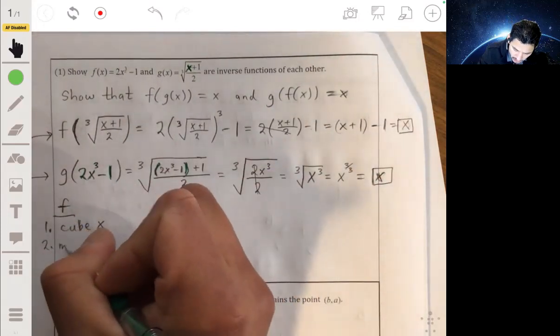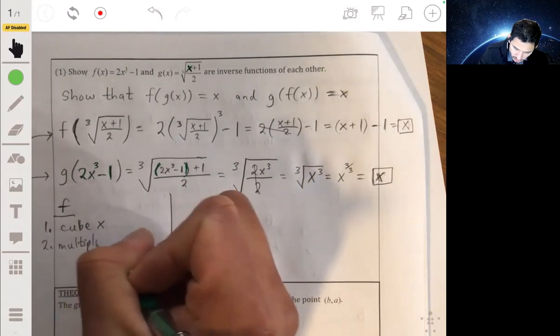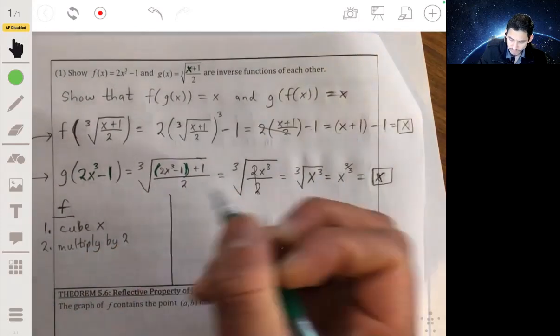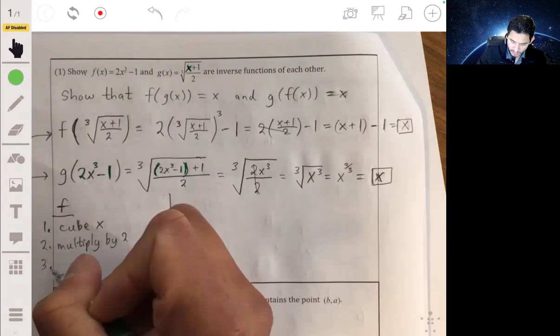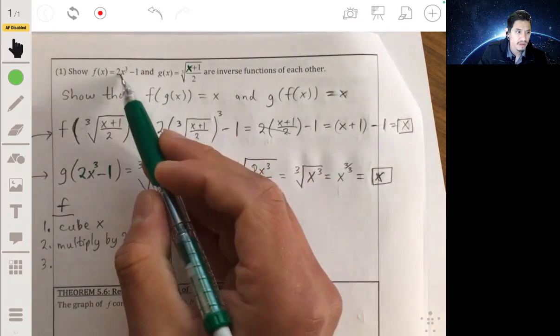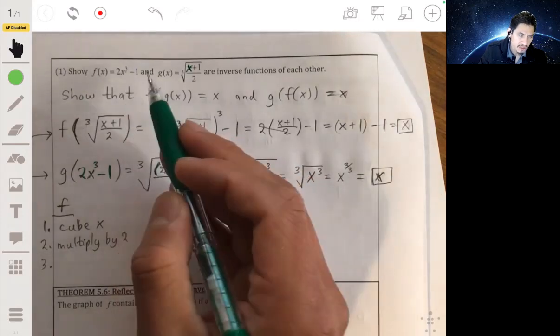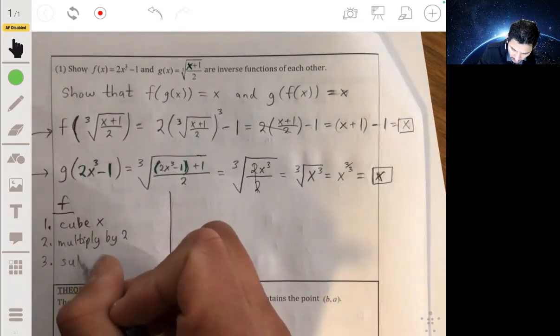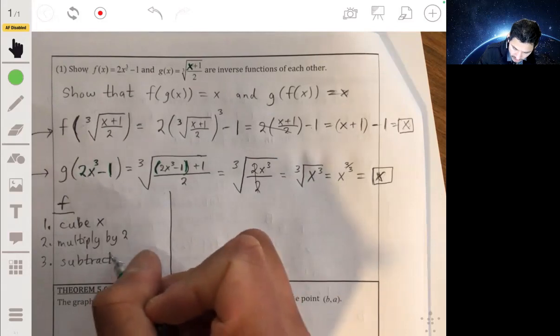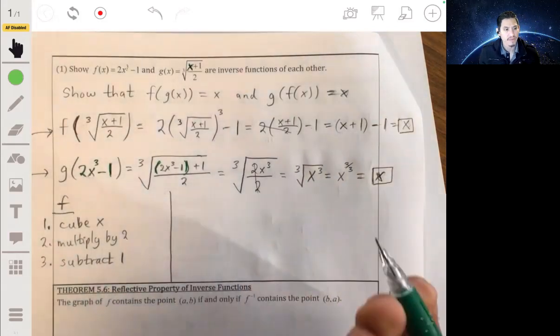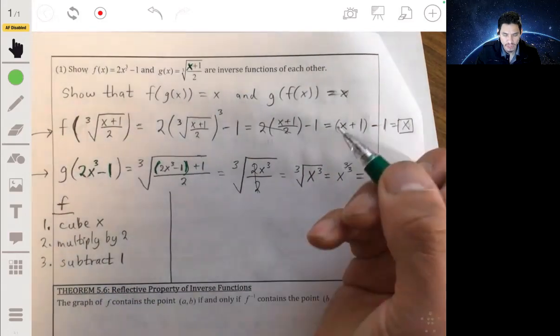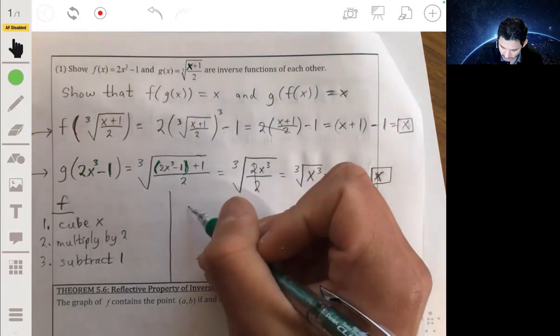My second step is multiply by 2. Then my third step, after I multiply by 2, I subtract 1. So I cube x, multiply by 2, subtract 1. Those are the steps verbally.